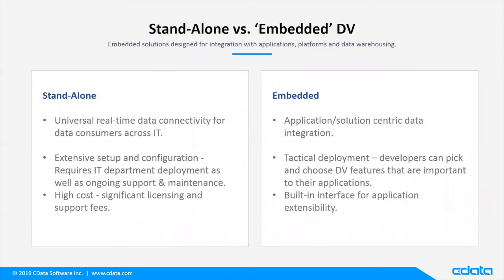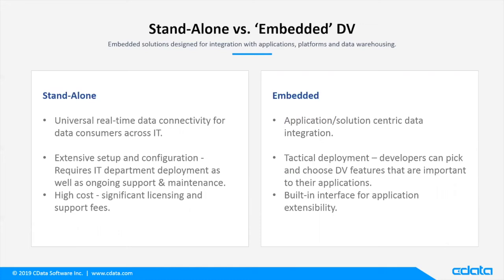So when I talked about the difference between corporate IT setup standalone data virtualization platform and an embedded data virtualization solution, basically IT drives the standalone data virtualization solution. You need to have a significant IT investment in order to set up and configure data virtualization. There's a high cost of licensing, and there are large support fees.